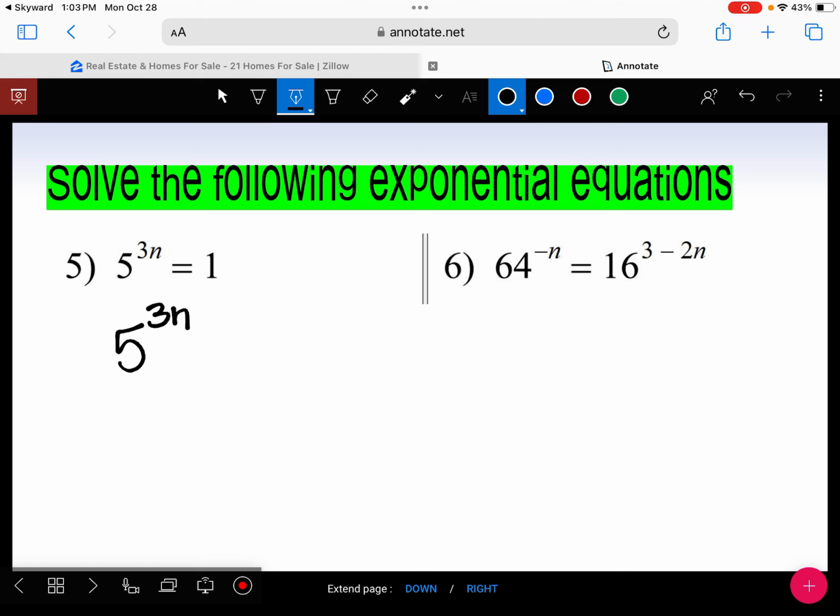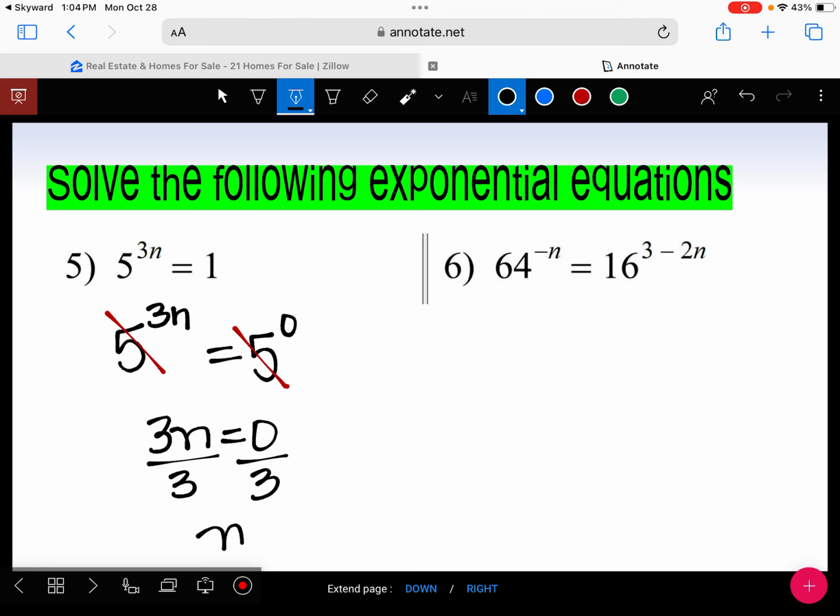How do you think I can rewrite the number 1 using a base 5? 5 to the power of what? 0. Any number to the power of 0 is equal to 1. So instead of the number 1, I'm going to write that as 5 to the power of 0. And now we have our common base. So we can drop our base. So 3n equals 0. Divide by 3. And our answer is 0.